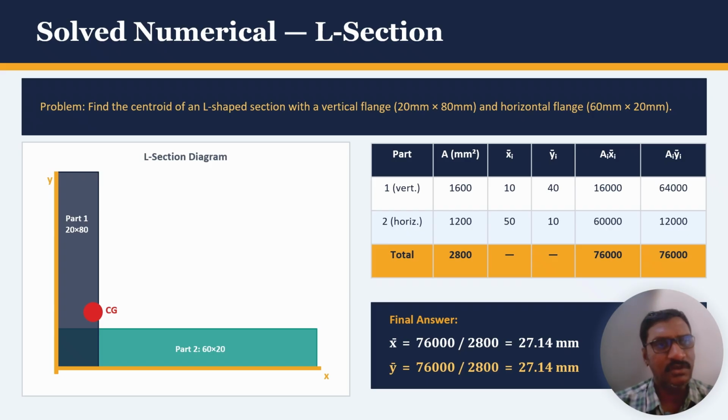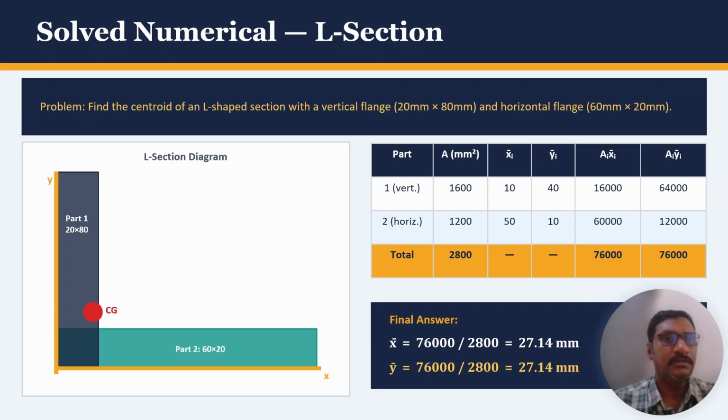This corresponds to the horizontal flange running from x equals 20 to x equals 80, centered at x equals 50. Y bar 2: the horizontal rectangle occupies y equals 0 to y equals 20 mm, right? Yes, 20 mm. So its centroid is at 20 by 2, that equals 10 mm from the bottom. So y bar 2 equals 10 mm.